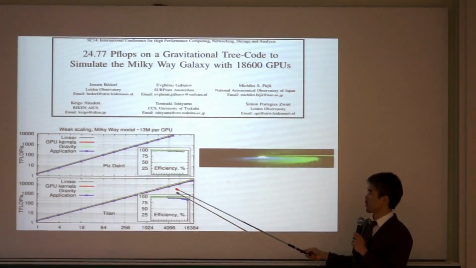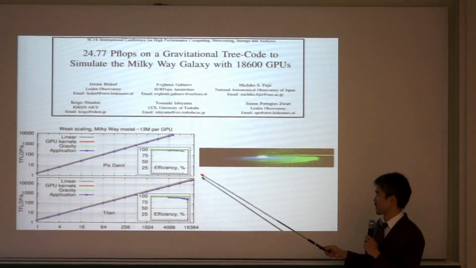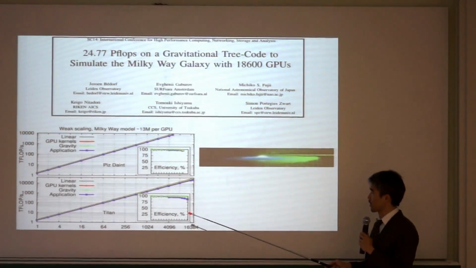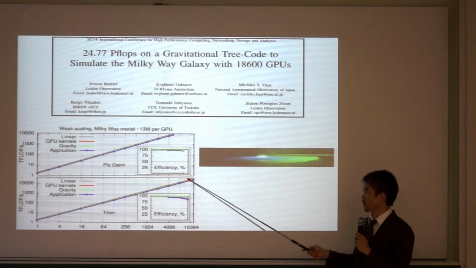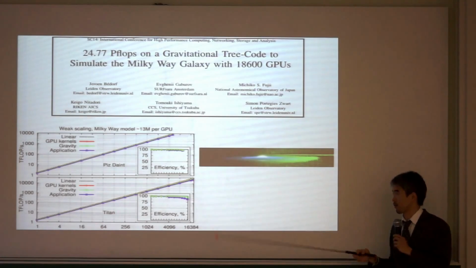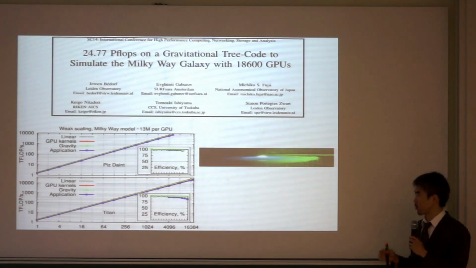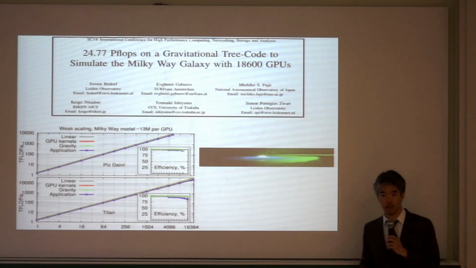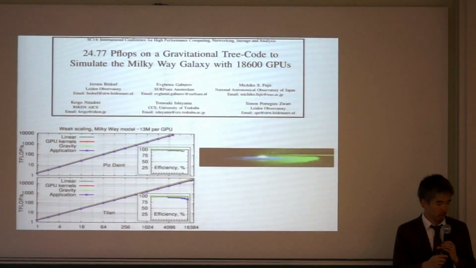Supercomputers are moving more and more towards machines like Titan, and in the future, algorithms like this will eventually have an advantage as we move to more of these GPU-based or accelerator-based machines. So this is one example.